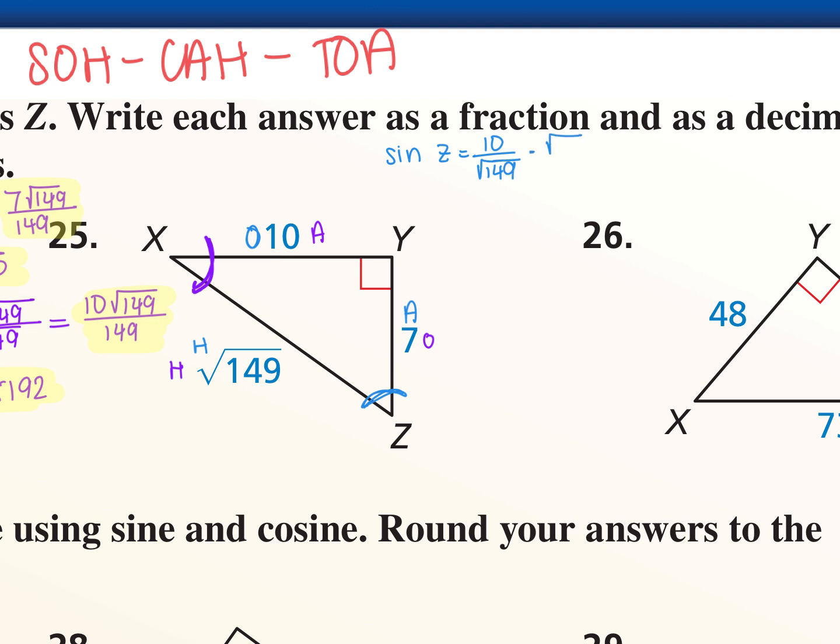So same thing as before. I'm going to end up getting 10 times the square root of 149 over 149, and if you could kind of see it, sine z is the same as cosine x. So sine z is going to be 0.8192.